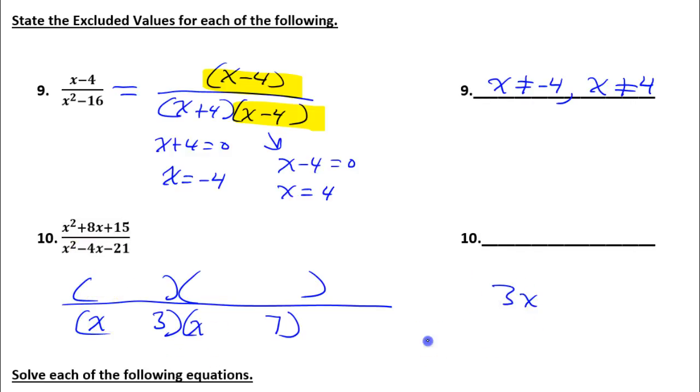Inner, I have 3x. Outer, I have 7x. To make negative 4, I need a positive 3 and a negative 7. And positive times a negative is a negative 21. So there I factored it. So because of the x plus 3, x cannot equal negative 3. Because of the x minus 7, x cannot equal positive 7. So those are the excluded values. Doesn't matter what the numerator was.